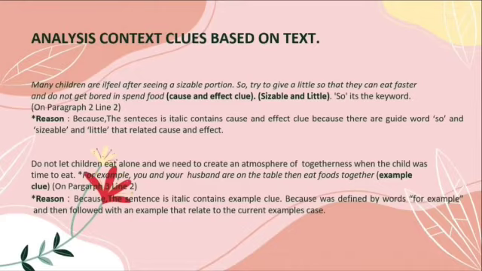For example, you and your husband are at the table, then eat food together. Example clue on paragraph 3, line 2. Reason, because the italic sentence contains an example clue because it was introduced by the words "for example" and then followed with an example related to the current case.